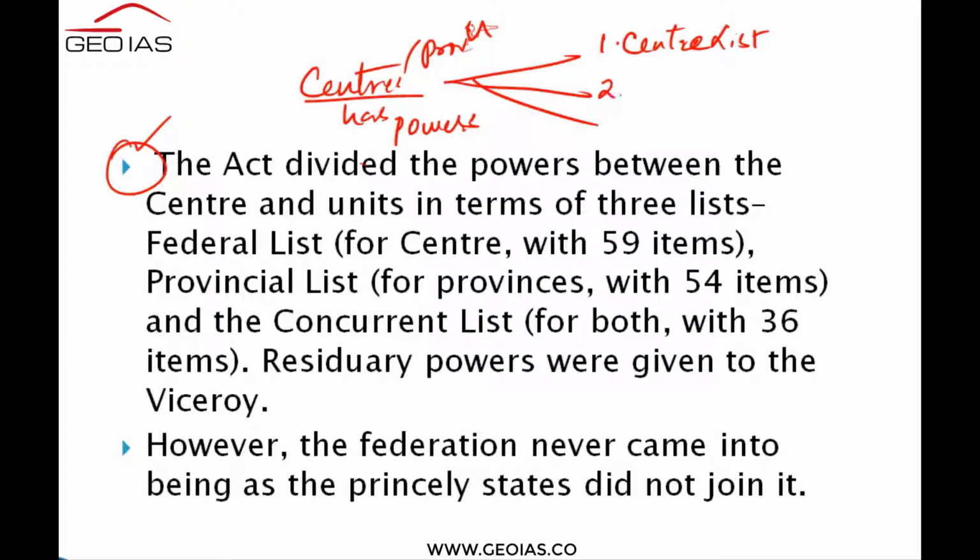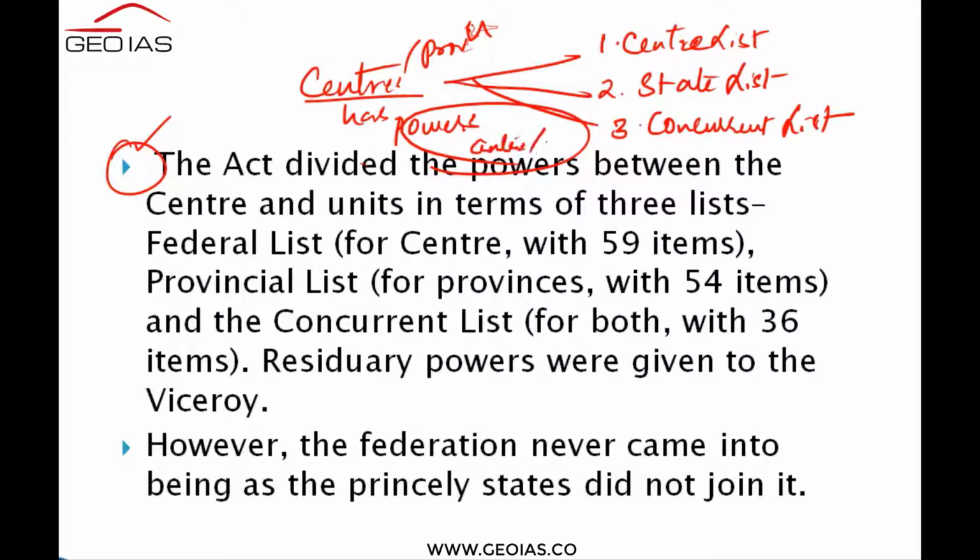The second is the state list, on which the state can make laws. The third is the concurrent list, on which both center and state can make laws. The executives of both center and state possess some powers, and they were divided into these three lists.